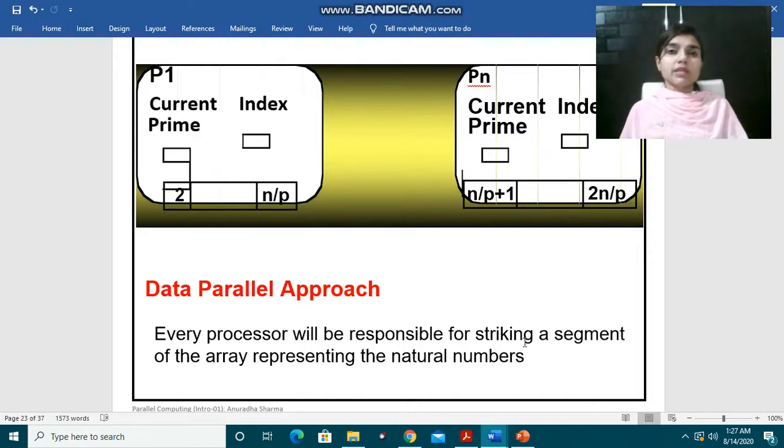The next processor will be engaged in striking out the multiples of 5. In this way, all the processors are executing different tasks on different data elements. But in the data parallel approach, we give a segment of natural numbers to each processor, and then each processor will strike out the multiples in its own segment, and it will inform the other processors.